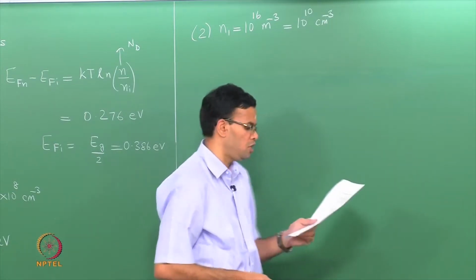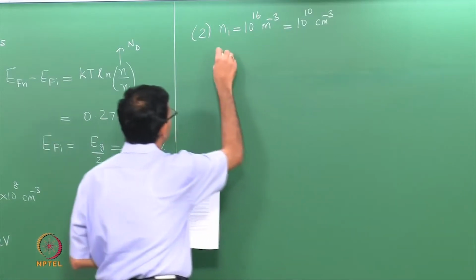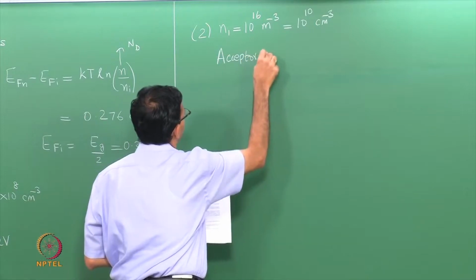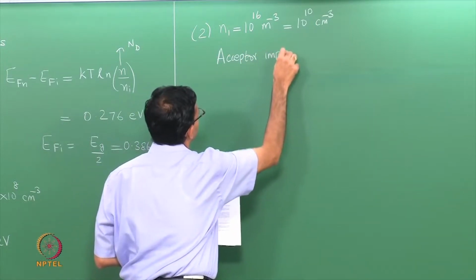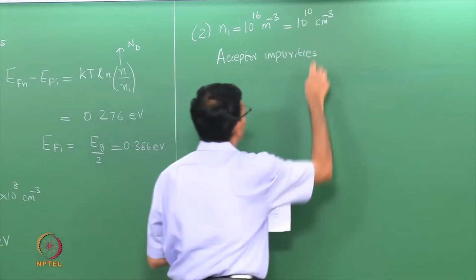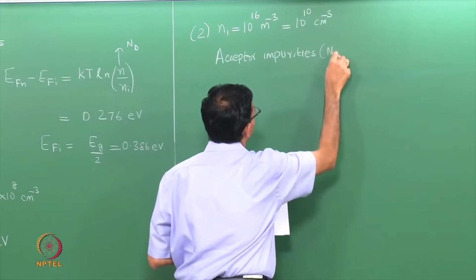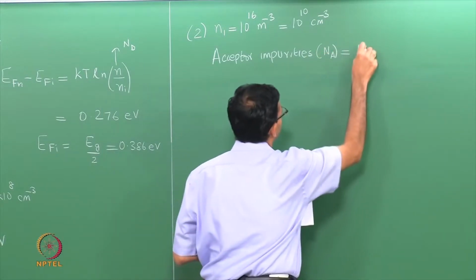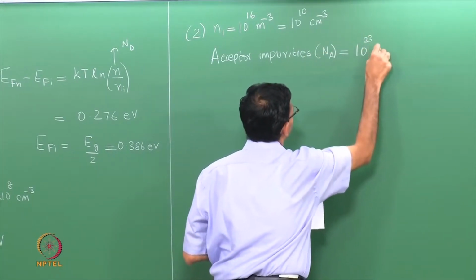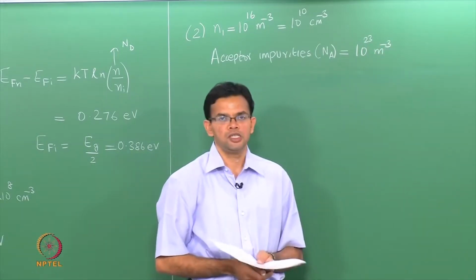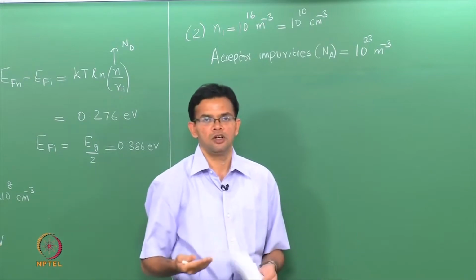The concentration of acceptor impurities is also given. The value of Na is 10 to the 23 per meter cube. Donor impurities basically produce electrons.